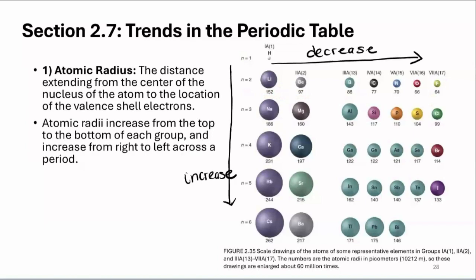So using the analogy of students entering a classroom, as more students enter the classroom, the room will look smaller because of how populated it is. While when we are moving from period to period, this is going to be a brand new space. So it's kind of like you're going from the classroom, let's say, to the parking lot, or even the middle of a stadium. So since we are in a different place, understand that the room is going to increase.